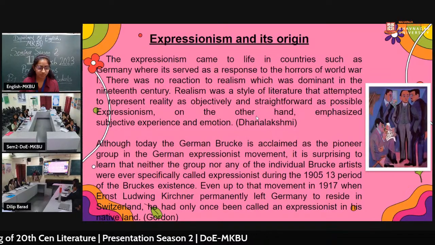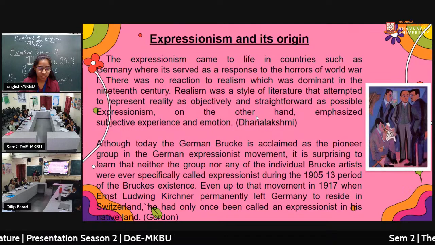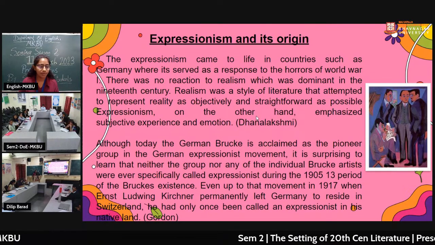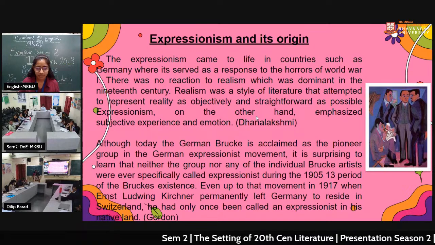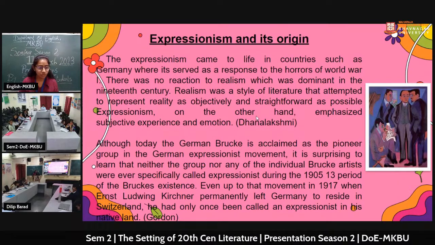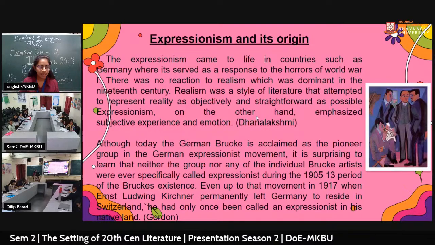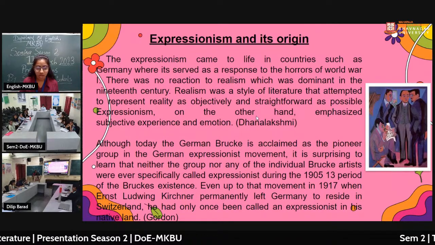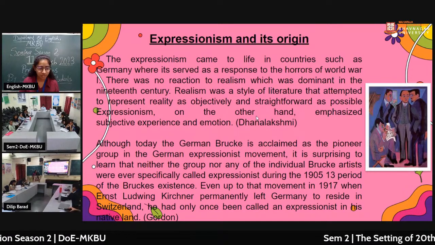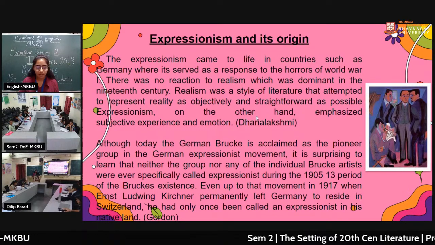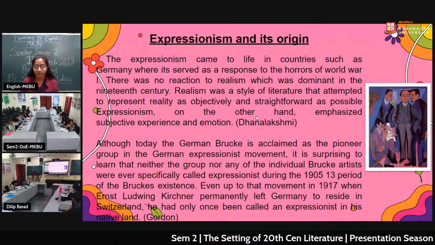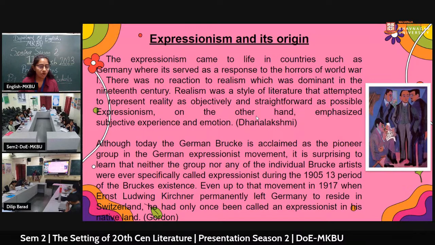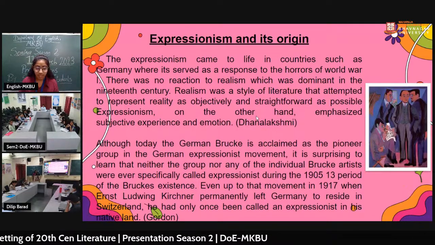Although today the German Brücke is acclaimed as the pioneer group in the German Expressionist movement, it is surprising to learn that neither the group nor any of the individual Brücke artists were ever specifically called Expressionist during the 1905 to 1930 period of the group's existence.